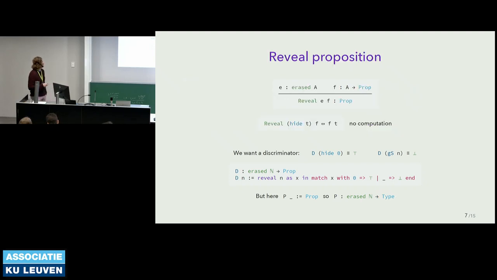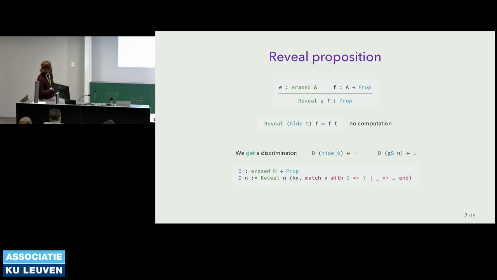So the solution that I propose is maybe a bit weird, but I have a model for it, is that I also allow myself to build propositions. So it's essentially the same eliminator, but instead of saying that it has a return type, it's a proposition. And then the computation rule is no longer a computation rule, because my model doesn't validate it. So it's just a logical equivalence. And then suddenly you can just do the same construction and it works, well, except that you have logical equivalence, but that's still enough to distinguish things.